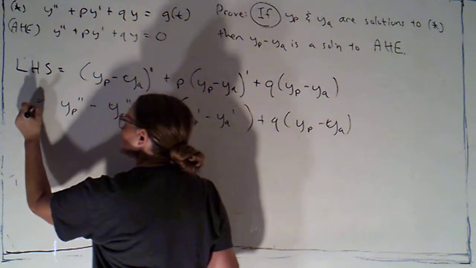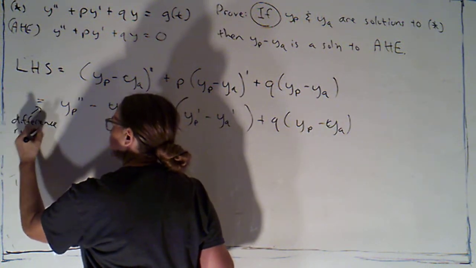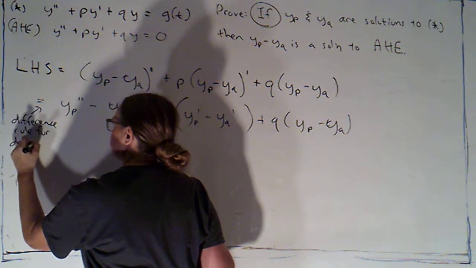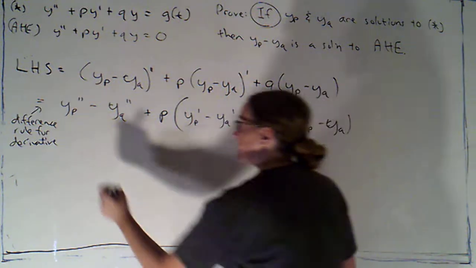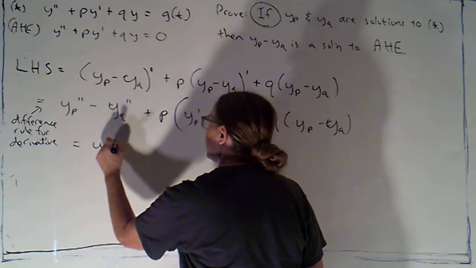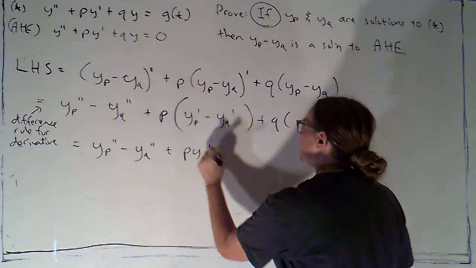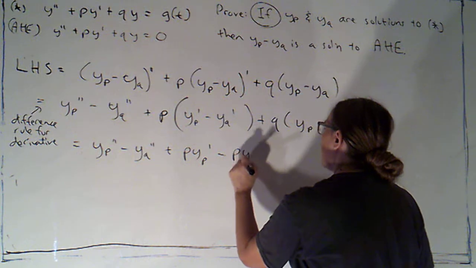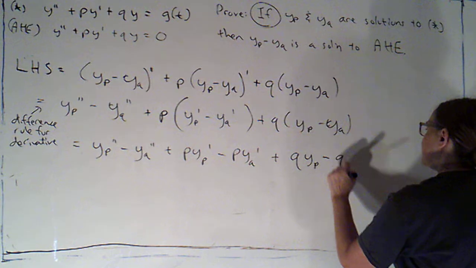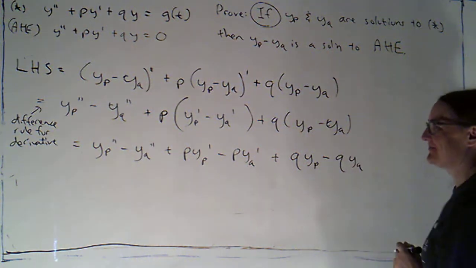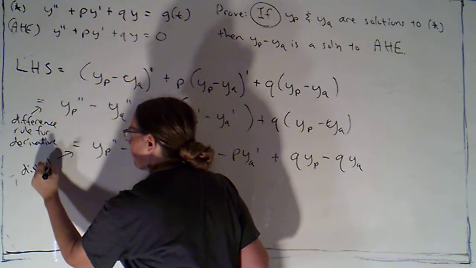So here, I used the difference rule for derivatives, both first and second. Now, I'm just going to distribute my p's and my q's. So yp double prime minus yq double prime plus p yp prime minus p yq prime plus q times yp minus q times yq.